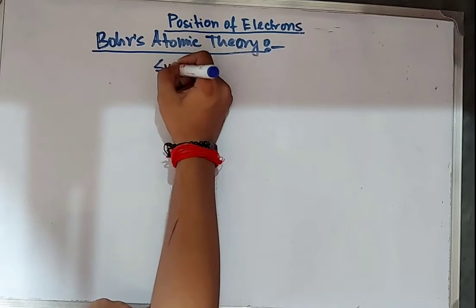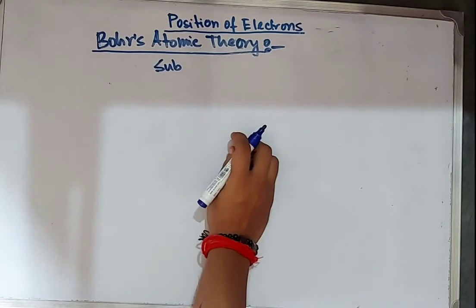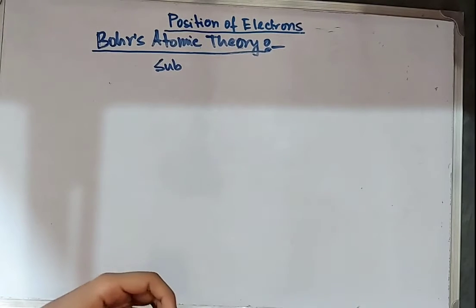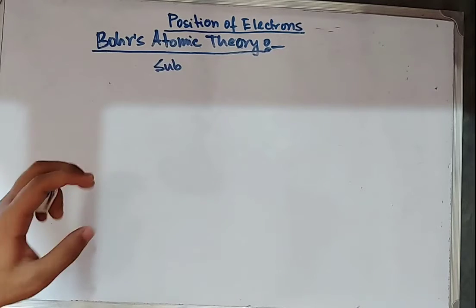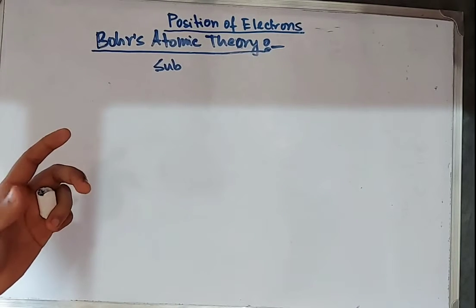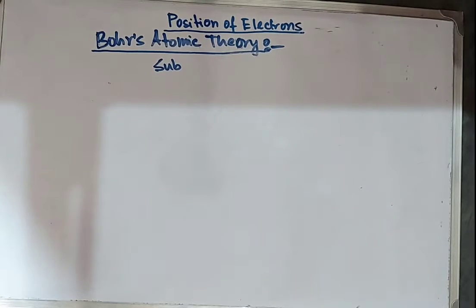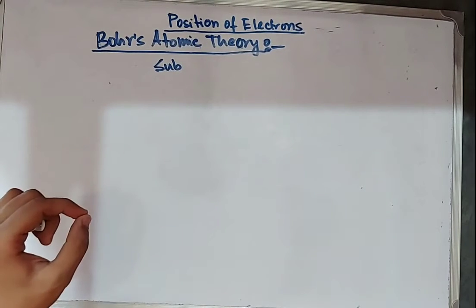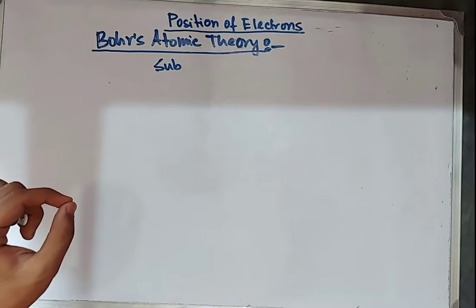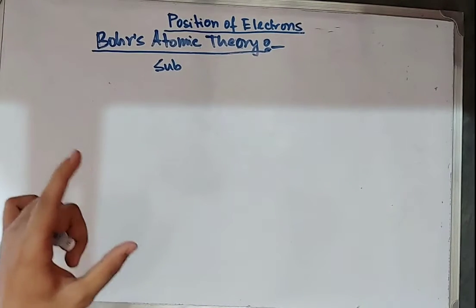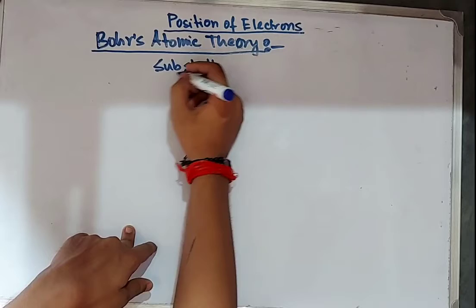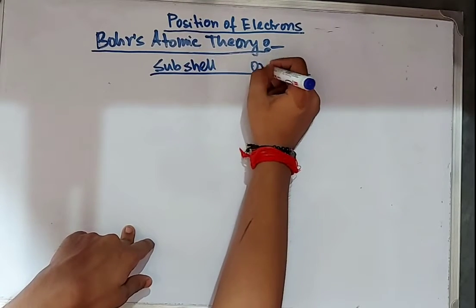If we apply a stronger electric and magnetic field to the atom, then all the subshells which we are talking about also get split into some subdivisions, which are named orbitals.